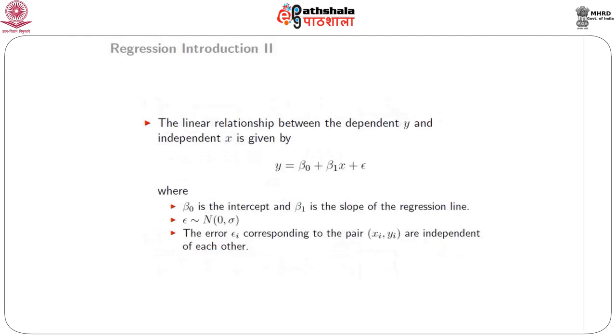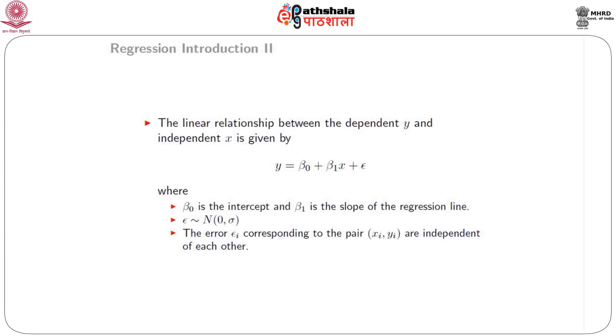So, the linear relationship between the dependent y and independent x is given by y equals beta naught plus beta 1 x plus epsilon, where beta naught is the intercept and beta 1 is the slope of the regression line.